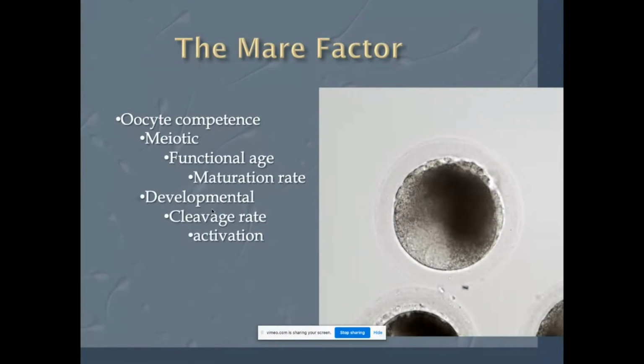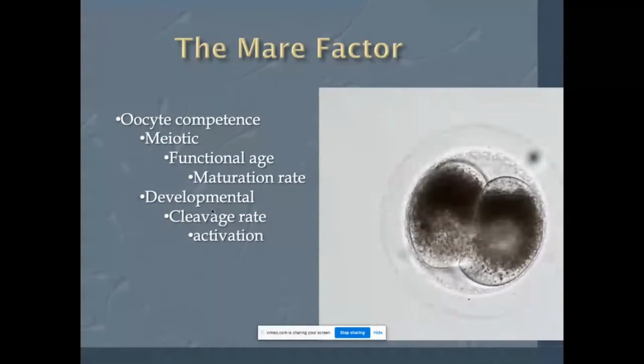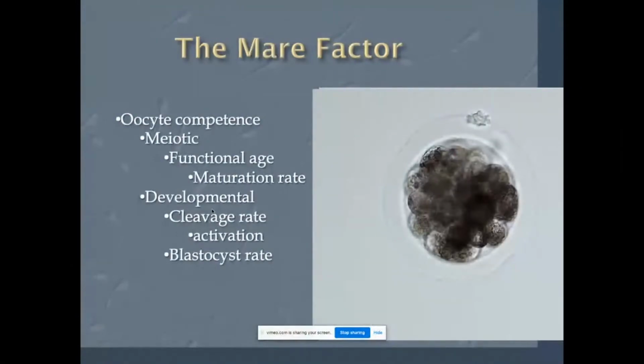But you will find that there are some mares, even though they mature, oocytes do not cleave as well. So here it is, it's cleaved, and then it has to continue making more and more cells, more and more nucleic acids, more and more mitochondria, proteins, RNA, etc. And if it's common to do that, hopefully we'll get these blastocysts.